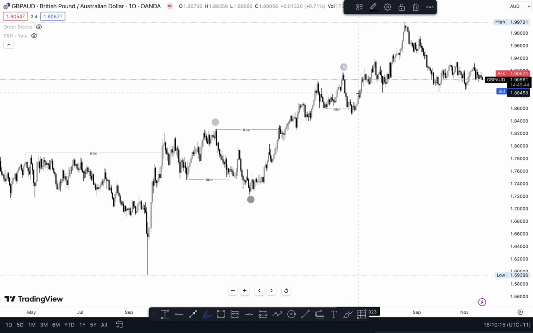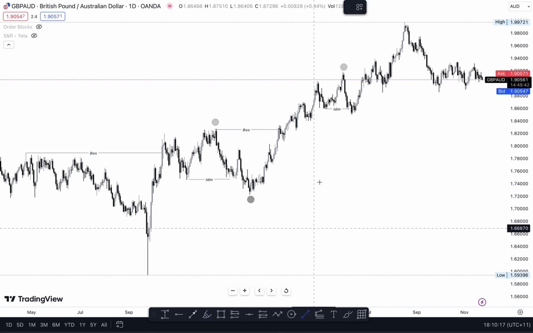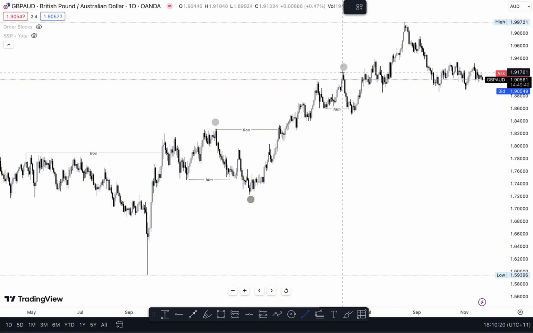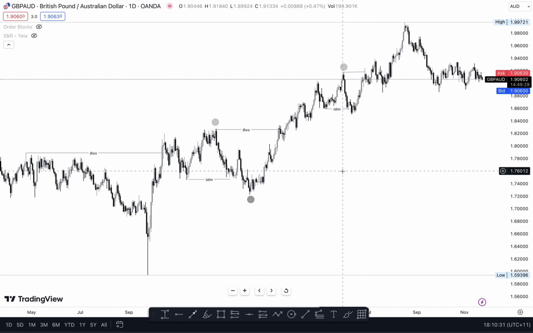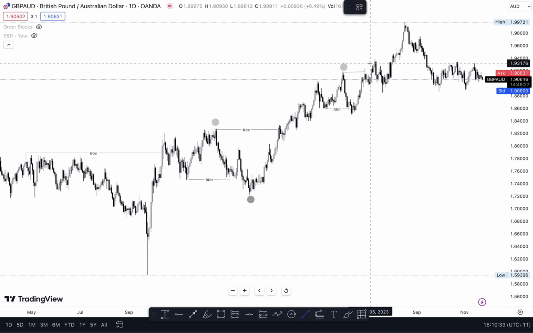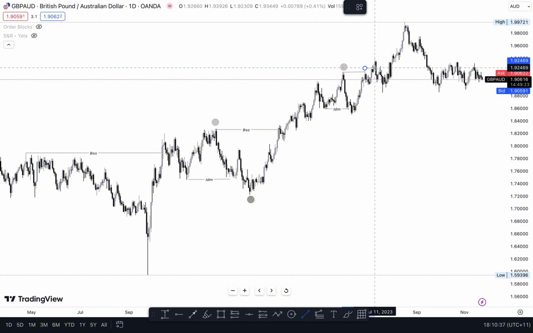Another break of this structure like this. Although the real break of structure is because this candle took out liquidity. This candle is the real break of structure, right?